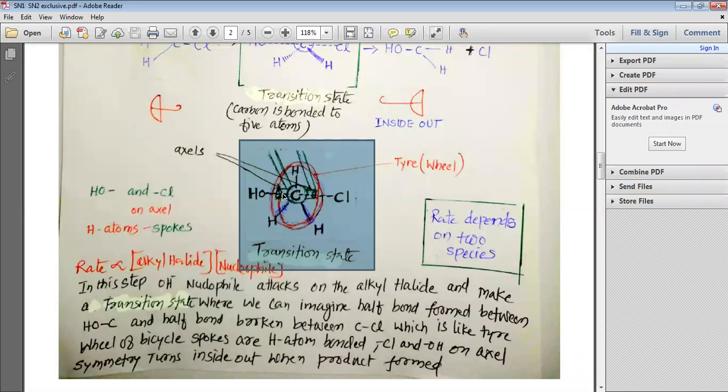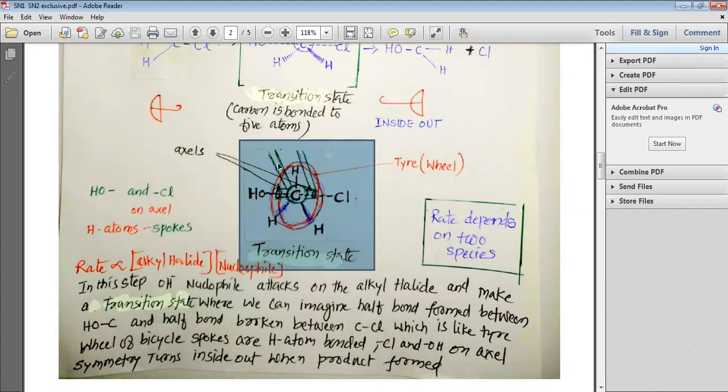Think of a tire in your two-wheeler where the center of the tire is made up of carbon. This center of the tire has spokes, and these spokes are made up of these three hydrogens.